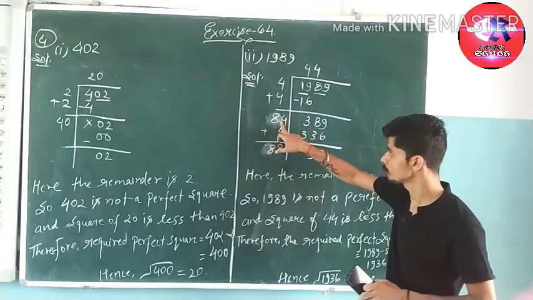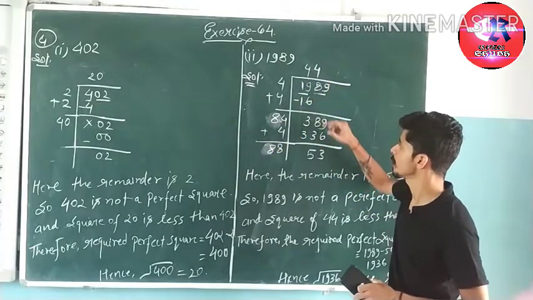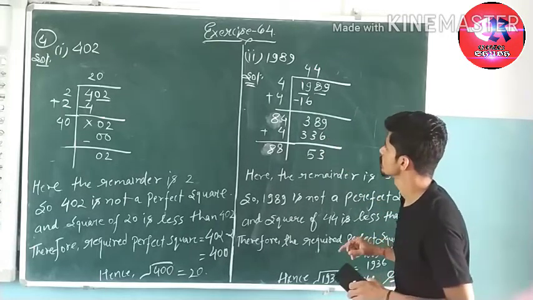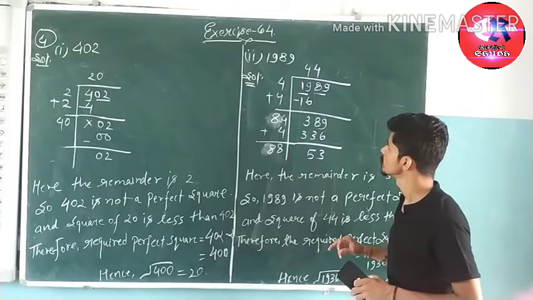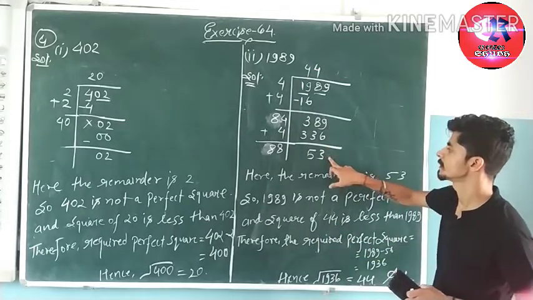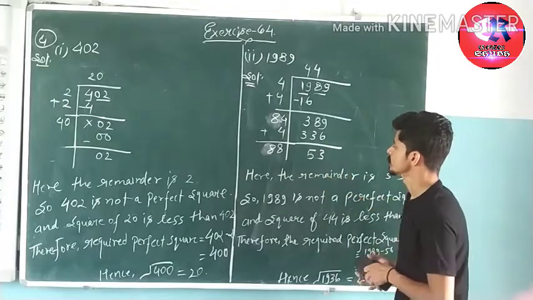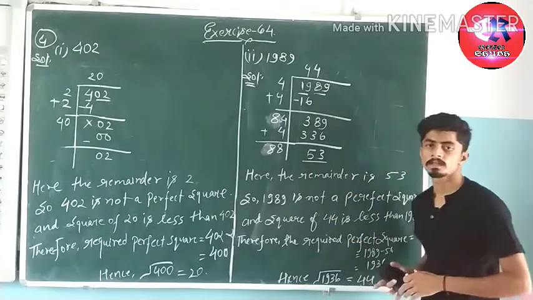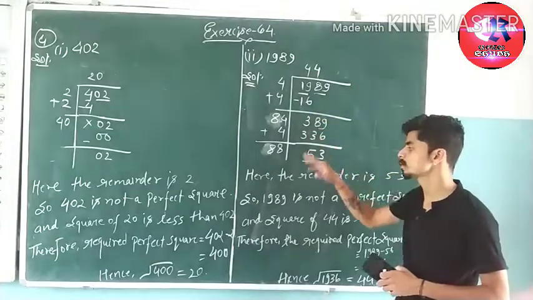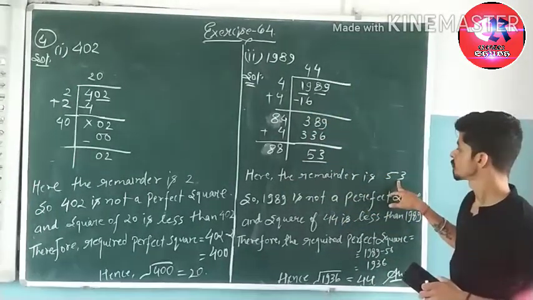So we have taken 4, and 84 multiplied by 4 becomes 336. Now 336 is subtracted from 389, we get 53. This is the remainder which is extra in the question to get a perfect square. Here the remainder is 53.